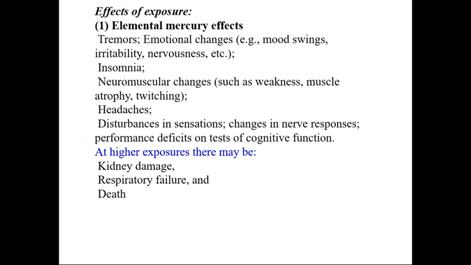On exposure to elemental mercury, you see tremors, emotional changes, neuromuscular changes, headaches, and changes in the nerve response. At very high exposure, you can have kidney damage, respiratory failure, and death.